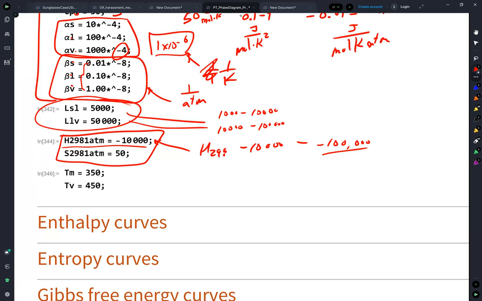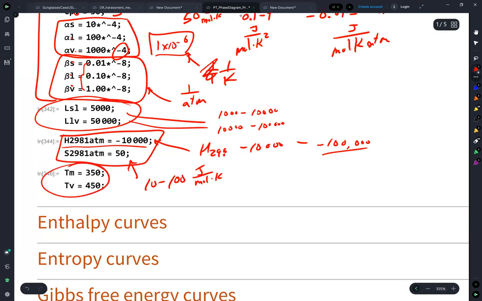And if you decrease the latent heat, the enthalpy of formation, you do see a little stronger interaction. But this ranges anywhere from 10 to 100 joule per mole K. And these are reasonable melting and vaporization temperatures.